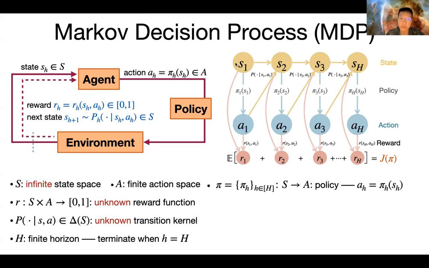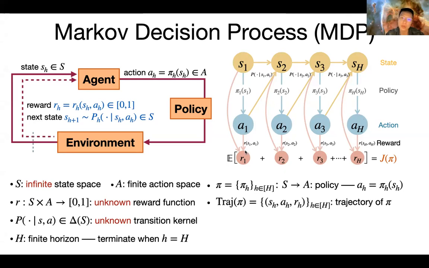So starting from the initial step, the agent observes the current state and outputs an action according to the policy, and then it observes the first reward, and the system evolves to the next state S2, and then the agent takes the second action according to the policy and gets the second reward, etc., until the capital H time step is reached.